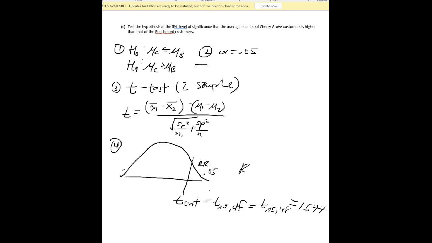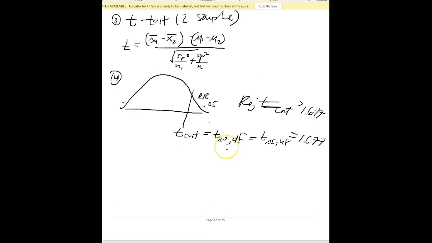And so then we would just reject if T crit is greater than 1.677. I don't know why I did that, but that's fine. And then 5 is this super long, tedious calculation.